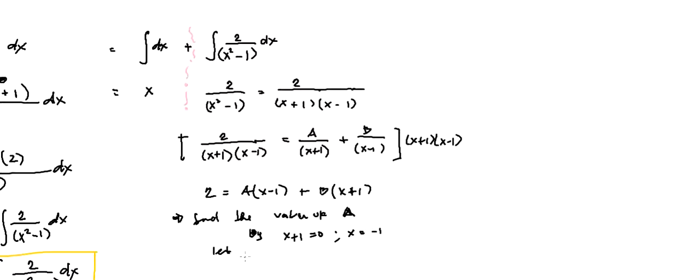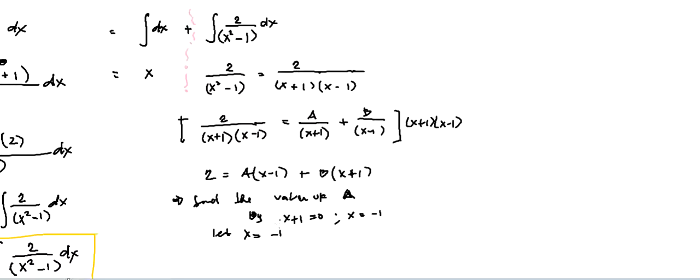So if we let x equal to negative 1, then what we have here is 2 is equal to A times negative 1 minus 1, plus B times negative 1 plus 1. So negative 1 plus 1 is just 0. Negative 1 minus 1 is negative 2. So 2 is equal to negative 2A, or A is just equal to negative 1.